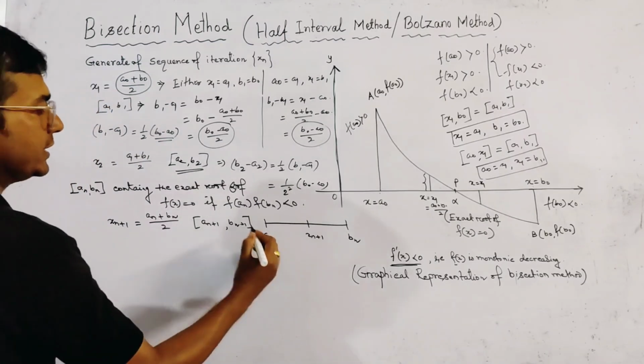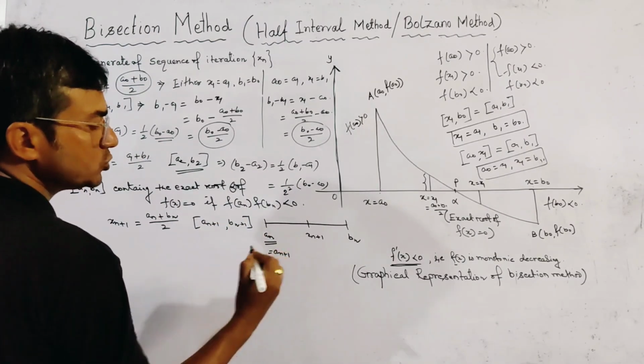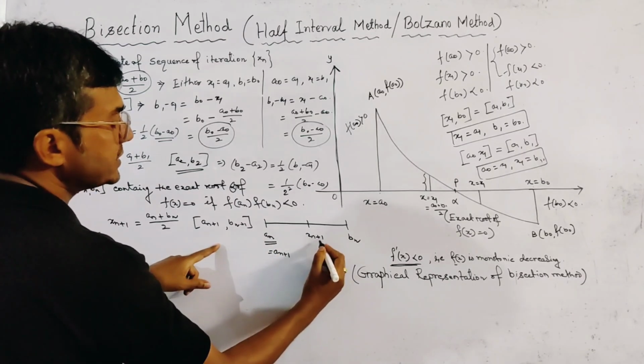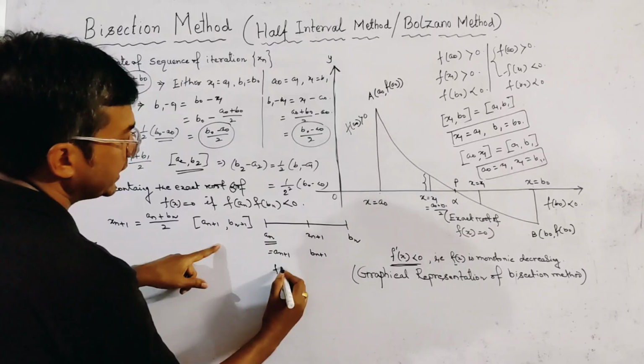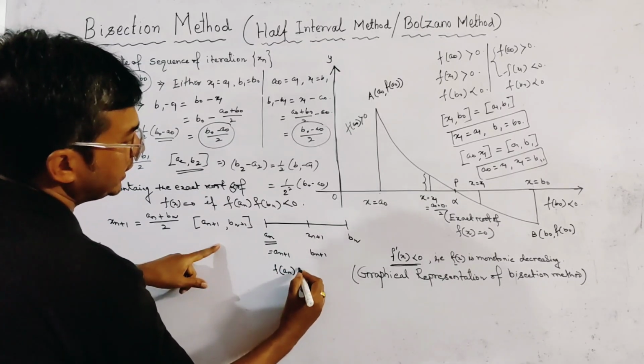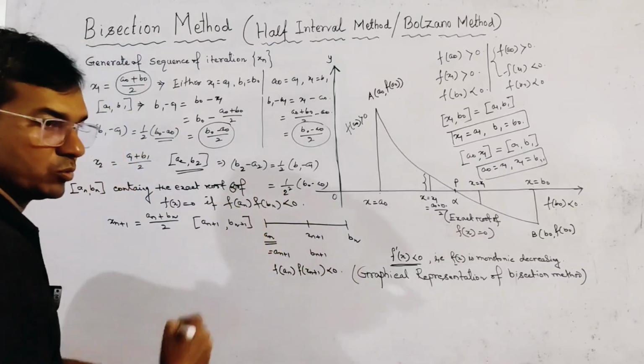Okay, and we take an equal to an plus 1, and xn plus 1 equal to bn plus 1 if f of an into f of xn plus 1 is less than 0, right?